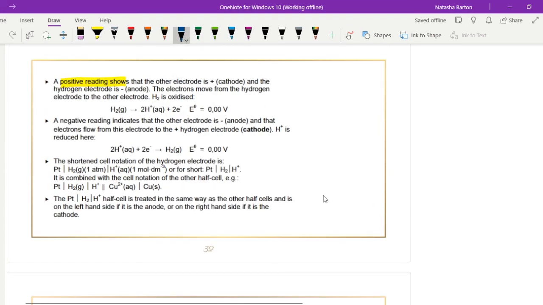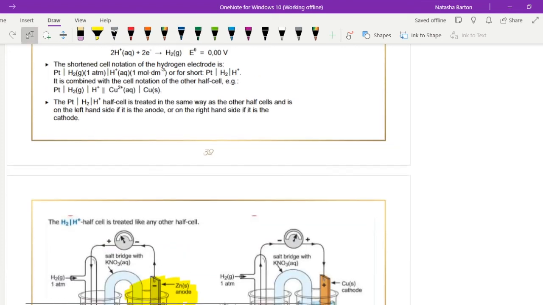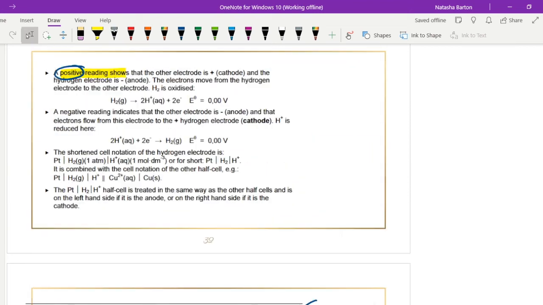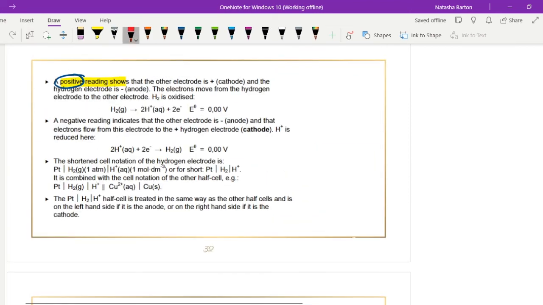Okay, when you do so, you're going to get a reading. If the reading is positive, like in the case on the right, here we have a positive reading. What it tells us is that the other electrode is positive and is the cathode. The hydrogen electrode is going to be negative and will behave as the anode, where oxidation will take place.